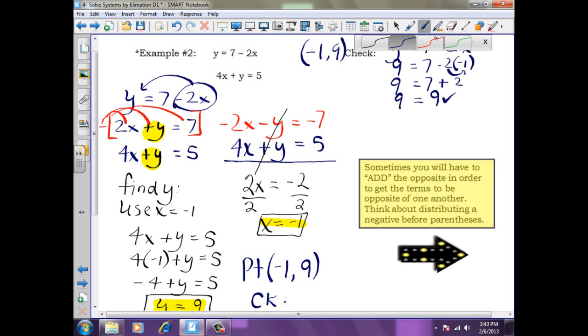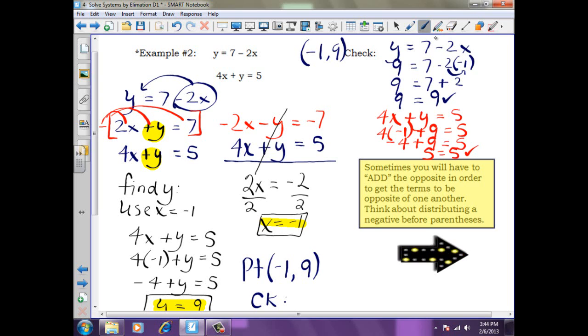Let's check it in the second equation. The equation is 4x plus y equals 5. Show your substitution. And it does check. 5 equals 5.